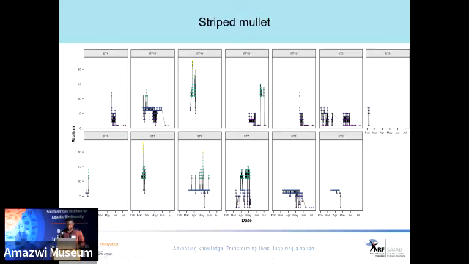If we look at the individual variation, this graph is for the striped mullet. That's the pattern that we've found for the detection plot: they are mostly using the lower parts of the estuary, although there are a few individuals that are also moving up to the middle and the top half of the estuary.